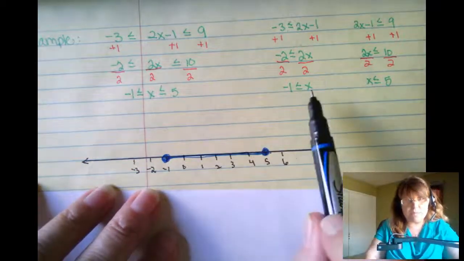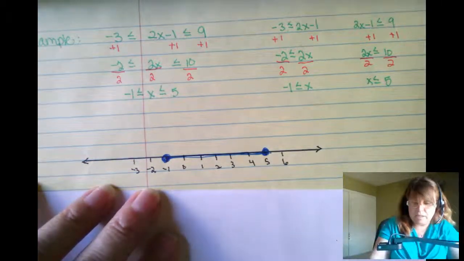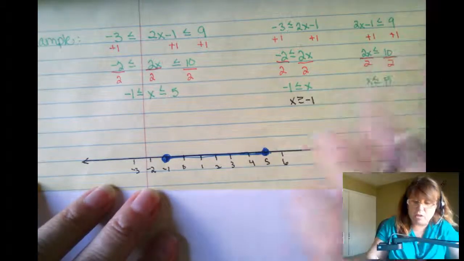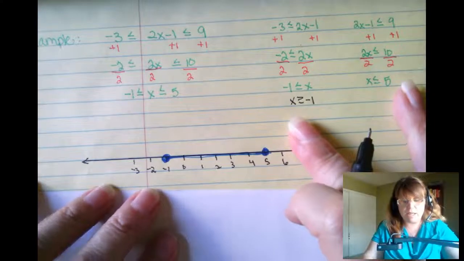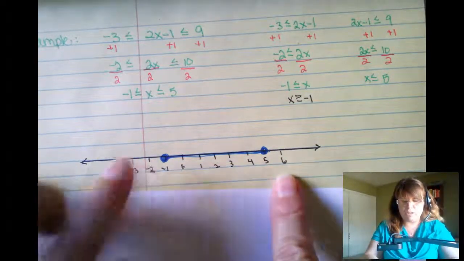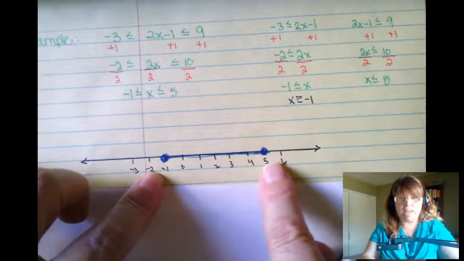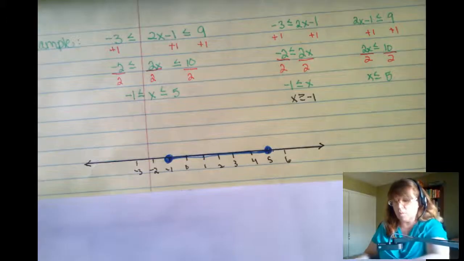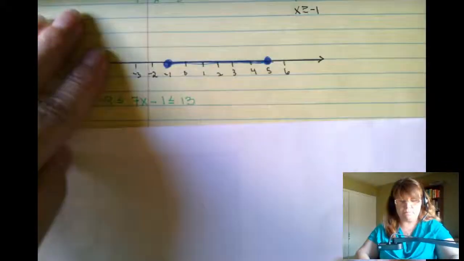Now you can graph them separately, and if you don't quite see it, x is larger than or equal to -1. You can graph each of these separately, but your final solution set is going to be the solid dots on the -1 and 5 and everything in between. Okay, let's try one more problem.